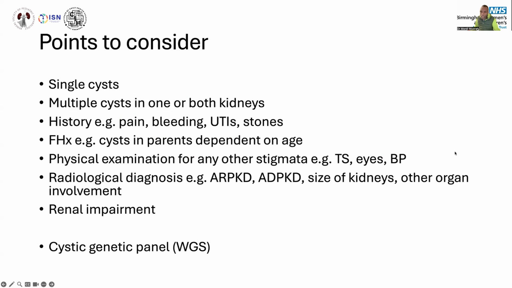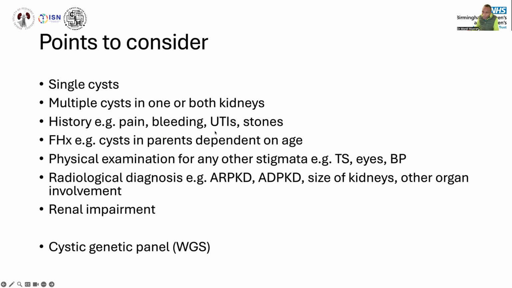So a few points to consider, at least this is what I would usually do if approached or being discussed with somebody who might potentially have cysts in their kidney. Is it a single cyst? Is it multiple cysts, and are the cysts in one kidney or in both kidneys? Is there a history of pain or bleeding?